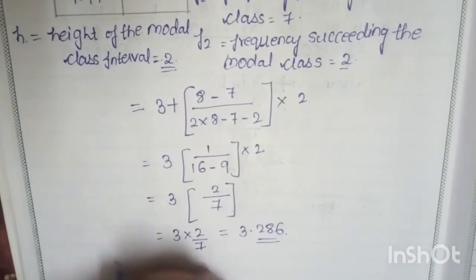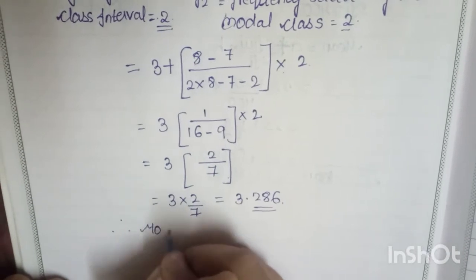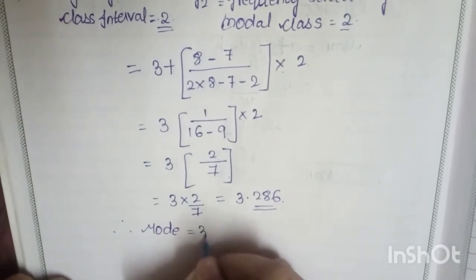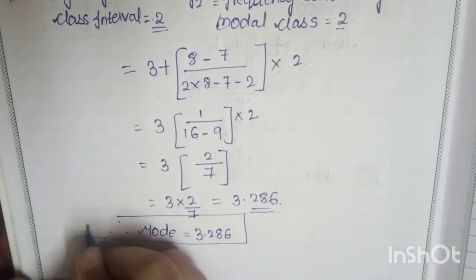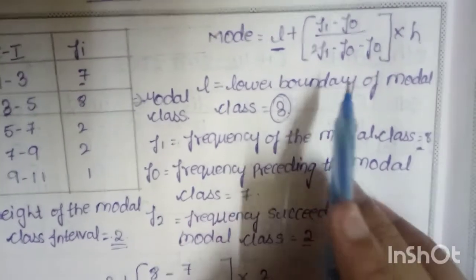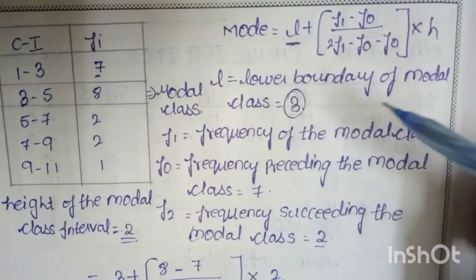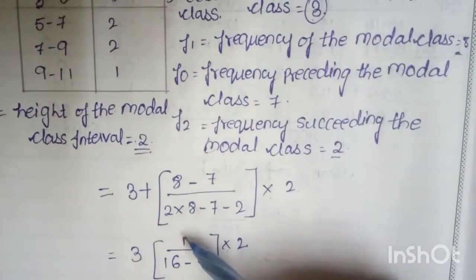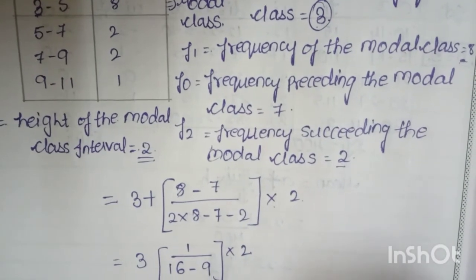So in this way we have to first write all the values of all the terms of the formula, and then we have to substitute them into the formula. It is very easy, but you have to focus.